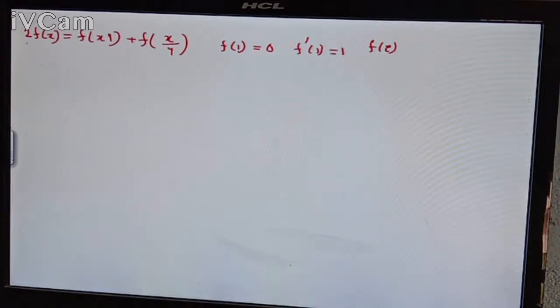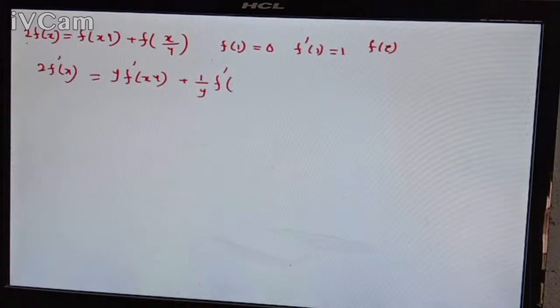If I differentiate the whole equation with respect to x, then we'll get 2f dash x equals y f dash xy, where y is a constant, plus 1 by y f dash x by y.